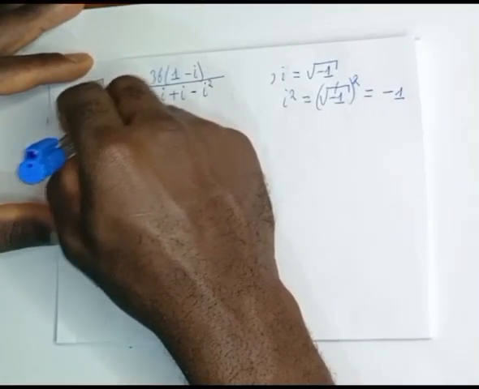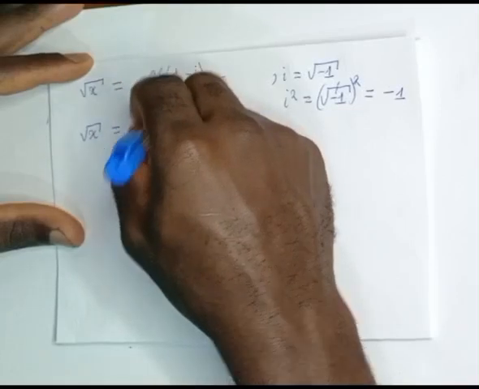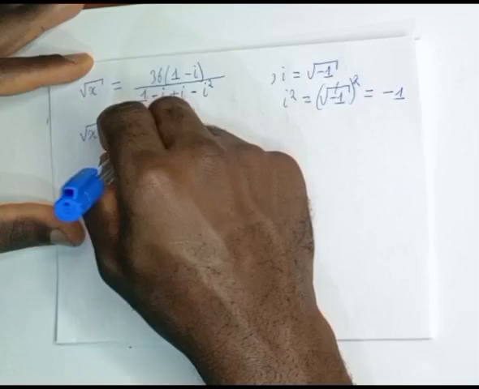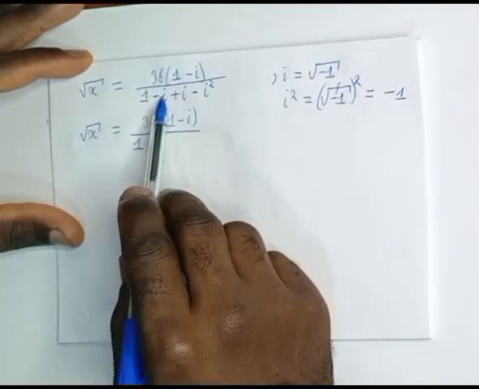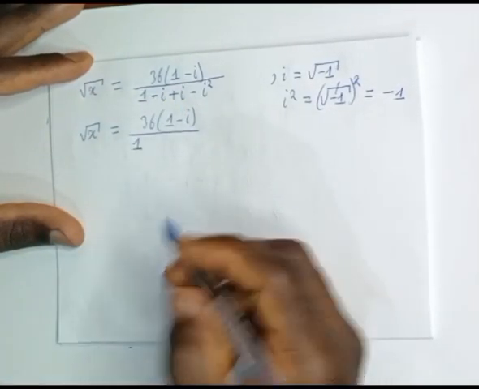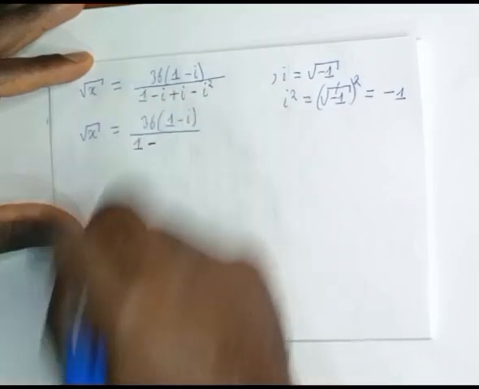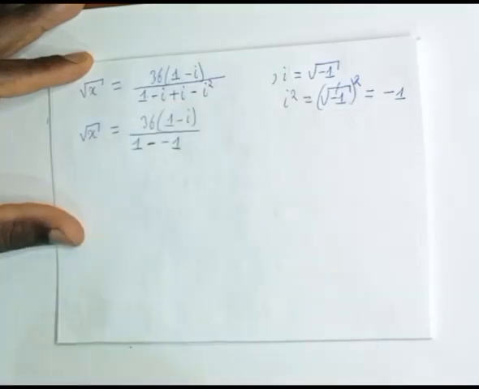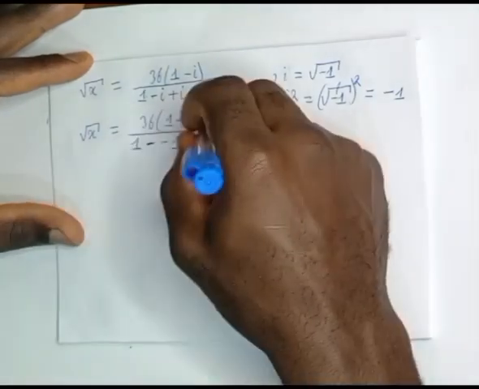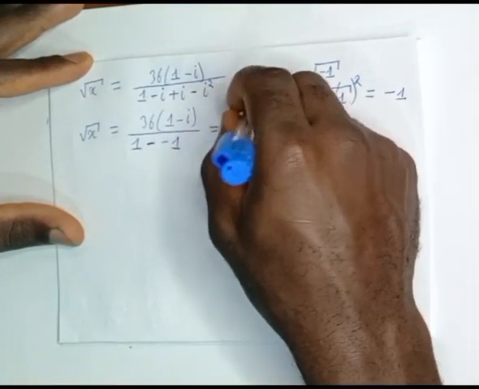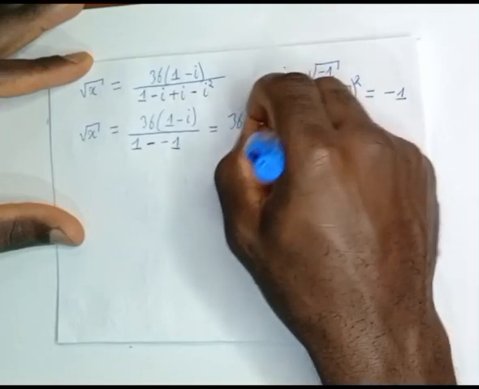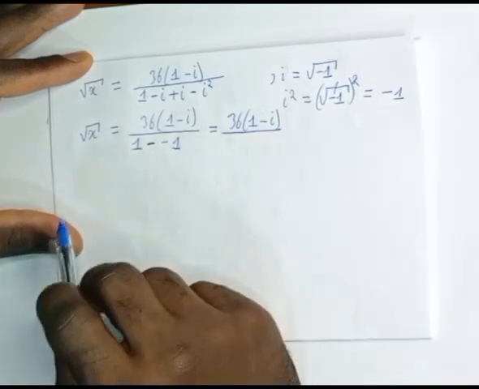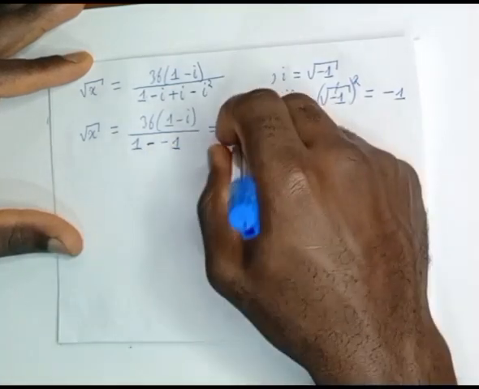This will give us the square root of x to be equal to 36 times 1 minus i all over 1, negative i plus i gives 0, minus i squared, which is negative 1. This is simply equal to 36 times 1 minus i all over 1 minus negative 1, which is the same as 1 plus 1, which gives us 2.